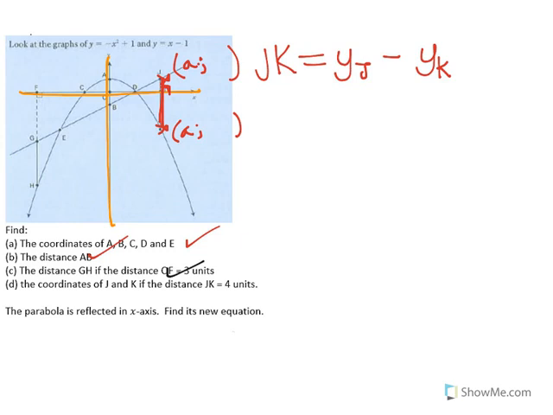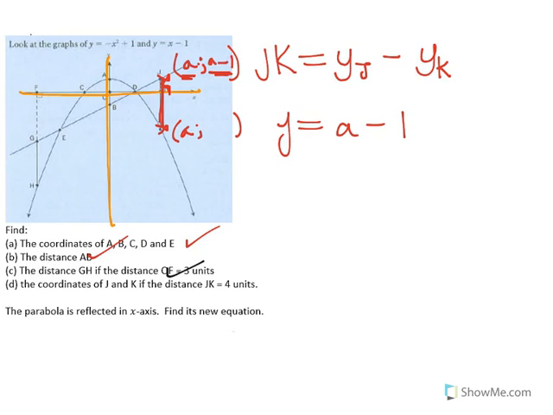Now, how did we work out the y coordinates of these points? Well, if A is my input, then this y coordinate is going to be the output when A is the input. So because J lies on the straight line, the y coordinate is going to be A minus 1. My input to the straight line function is A, and the output is A minus 1.